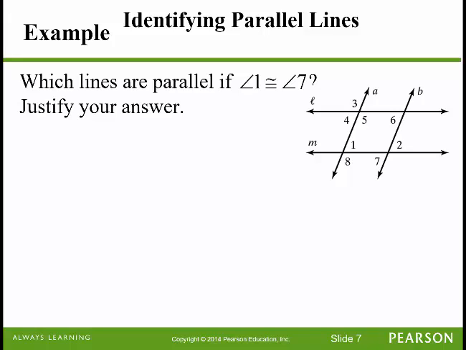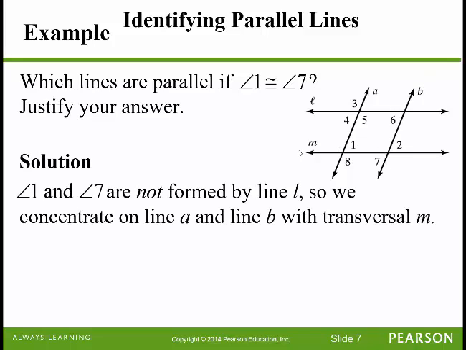All right, let's do an example. So this is about identifying parallel lines. Which lines are parallel if angle 1 and angle 7 are congruent? And justify your answer. So angles 1 and 7, what you should notice is there are alternate interior angles related to this transversal and lines A and B. So alternate interior for lines A and B. Now, angle 1 and angle 7 are not formed by line L. So we concentrate on lines A and B with that transversal M, like I said.